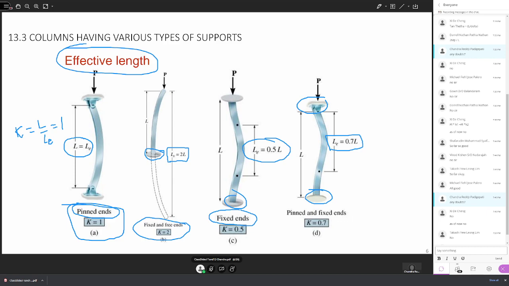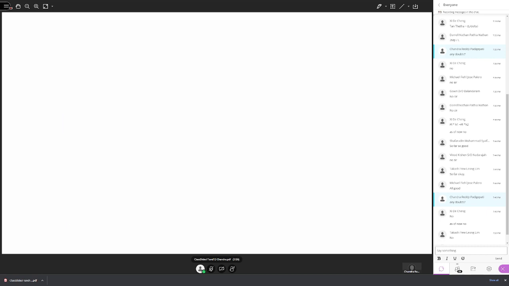If both ends are fixed, the effective length is half of the original length. If one end is pinned and the other end is fixed, the effective length is 0.7 times L. So when you're dealing with a problem, based on its description, we can find the relationship between the effective length and the given length. Only these 4 alternatives we can visualize.